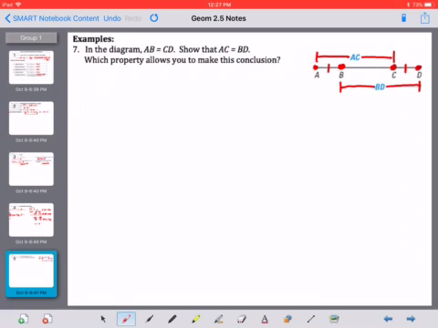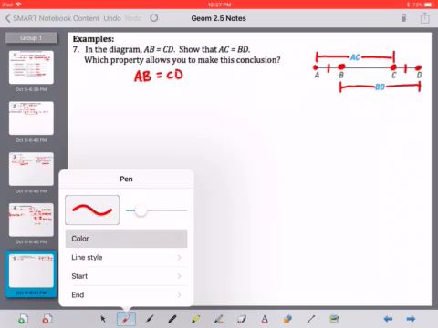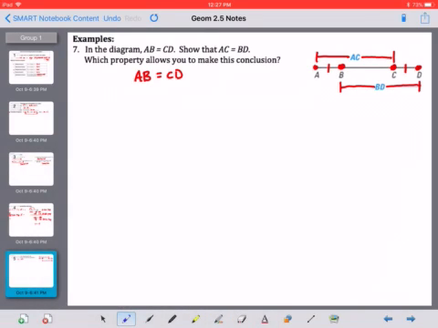So let's start with the fact that we know AB is equal to CD. And then what I'm going to do is they both share this segment here, BC. So let's add that segment BC to both sides.